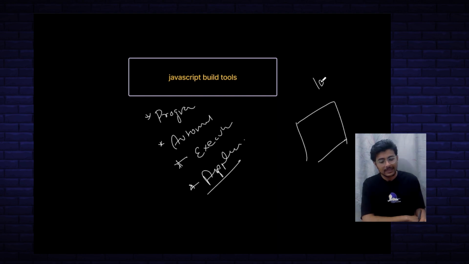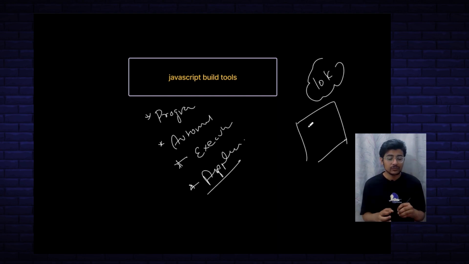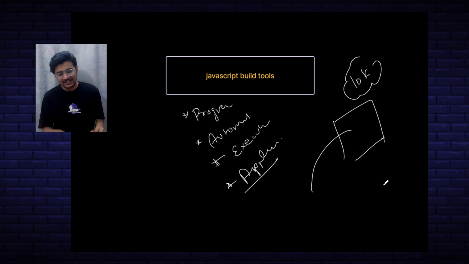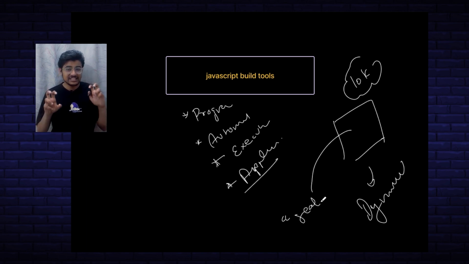For instance, you got 10k users, and these users are going to interact with different types of components in your website, and this website is going to respond to those interactions in real time. How about that? That's why we call them dynamic websites, and this website is responding in real time.